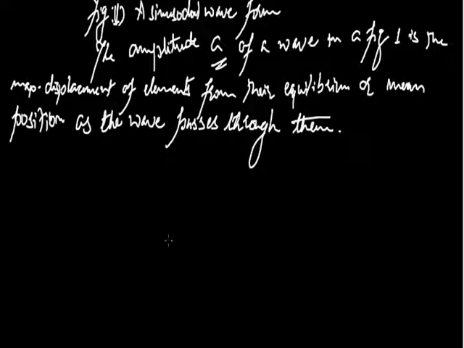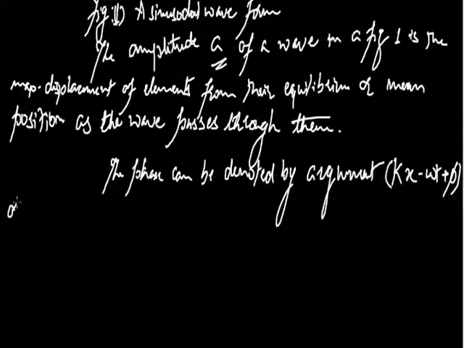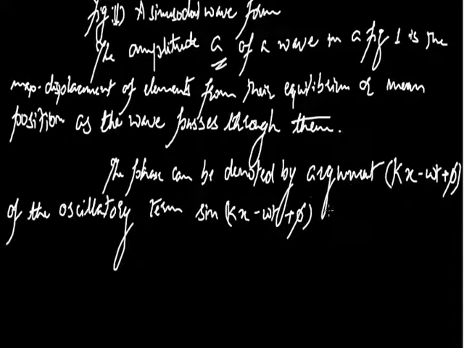So here we can write the phase can be denoted by the argument kx minus omega t plus phi. This we can obtain from equation 1 as follows.